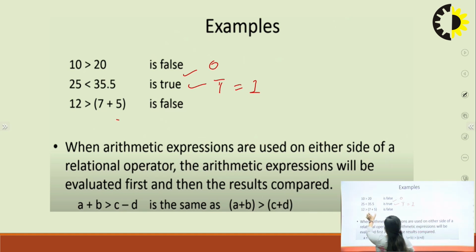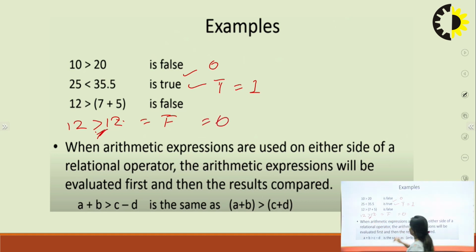First it is going to evaluate this bracket, and what is this? 12 is greater than 12? No, it is false. It is equal, and if there were a sign of greater than or equal to, then the answer would come true. Hence it is not there, so the answer will be false and return value 0.